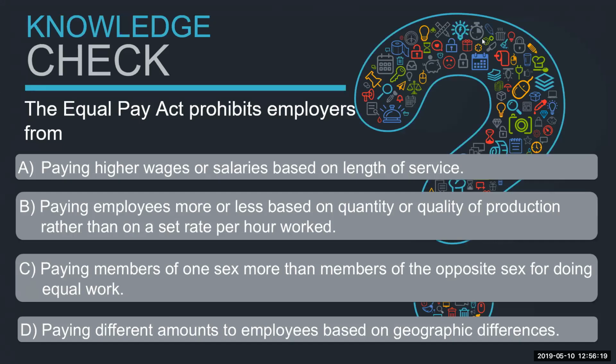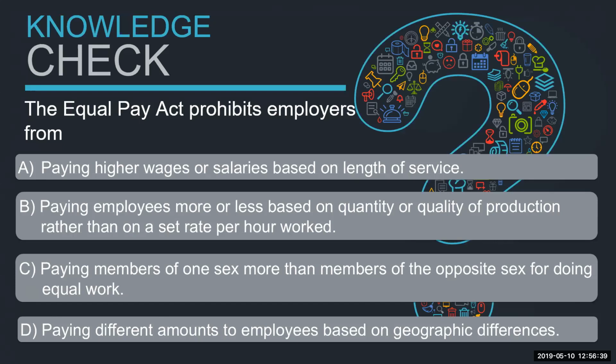Let's take a look here. You also had asked about permissible wage differences. So there are permissions to pay two people who are doing the same job differently.